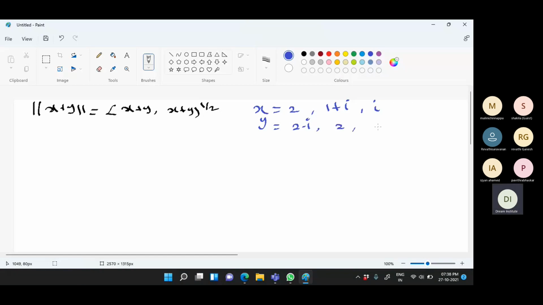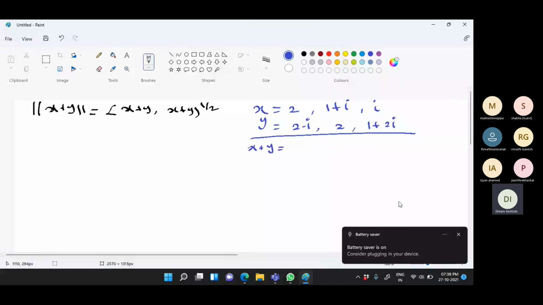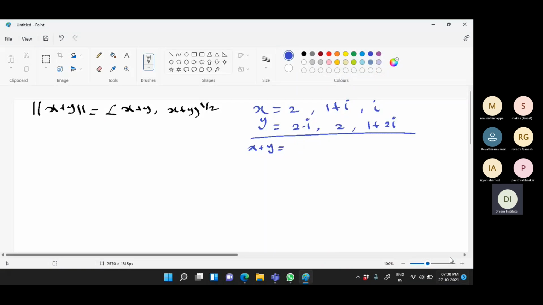So you have to add these two values. What are you getting? X plus y. First value to first value, second value to second value, third value to third value. Like that only you have to add. We understand? So this is 4 minus I comma 3 plus I. Real number to real number, imaginary number to imaginary number. Likewise, we can add it. So this is called x plus y.